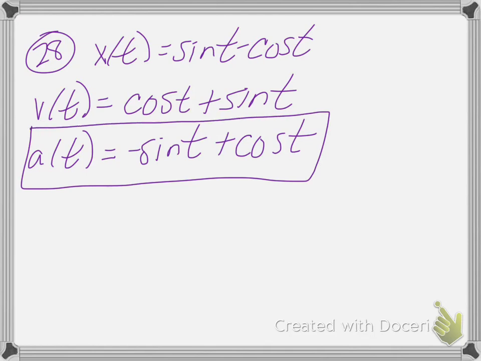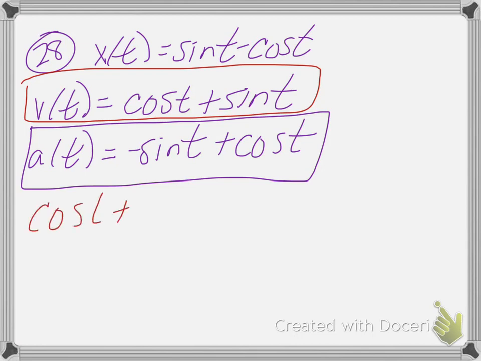It would be nice if that was the end of the story. But it's saying, what is the acceleration when the velocity is equal to 0? Okay, so here's our velocity, right here, and we want to set that equal to 0. Okay, and remember, you do not have a calculator.